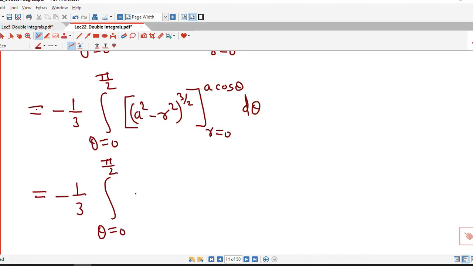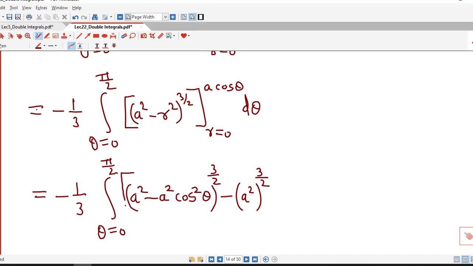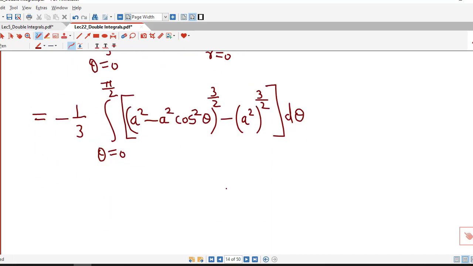First we put r equal to a cos theta, so we have a square minus a square cos square theta to the power 3 by 2, minus r equal to 0, so a square to the power 3 by 2, and integral with respect to theta. So we have put limits of r equal to a cos theta and r equal to 0.